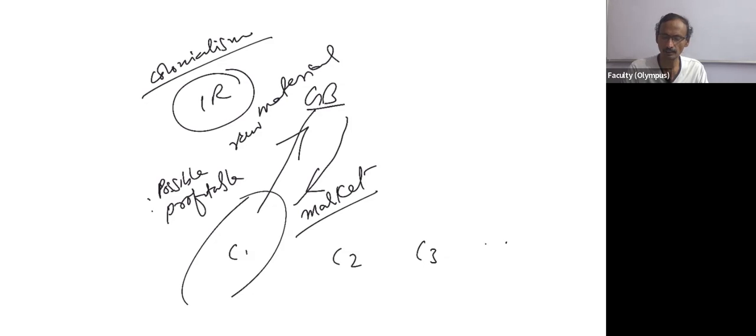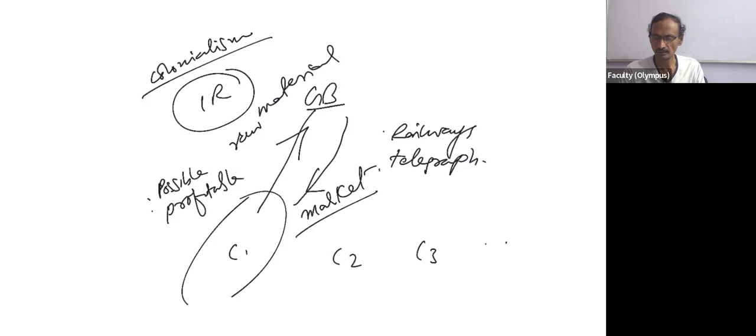For example, railways, telegraph. Okay, so the entire communication system. And also later war technology. And from this colonization only, modernization spread. Ideas spread.